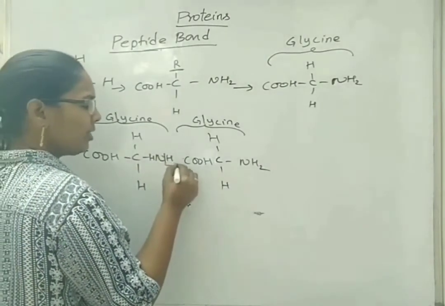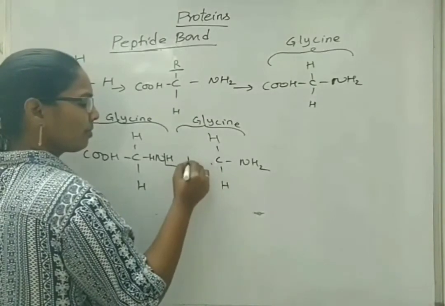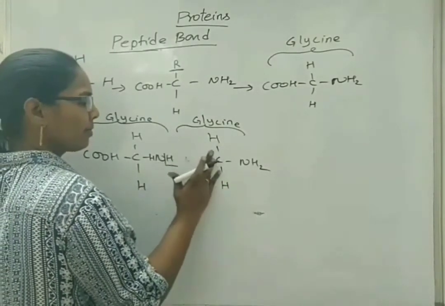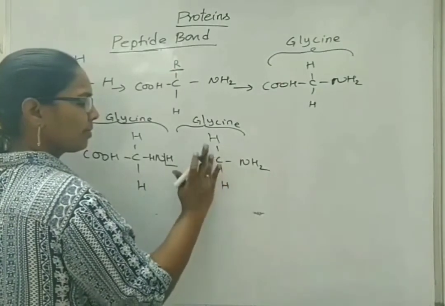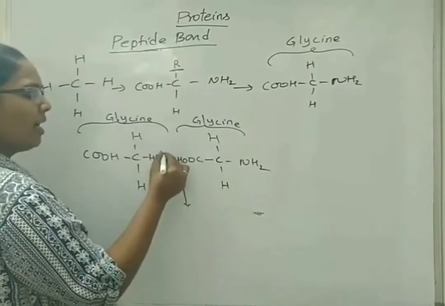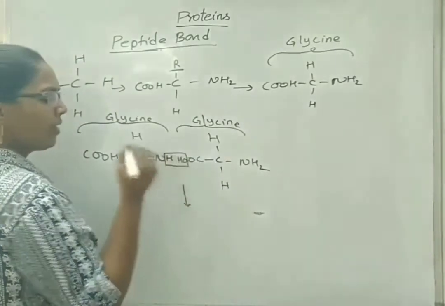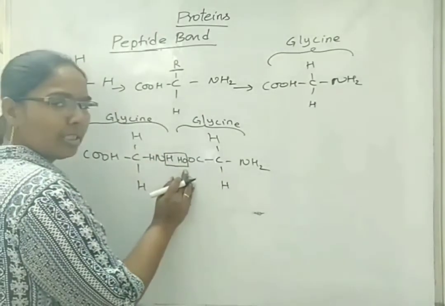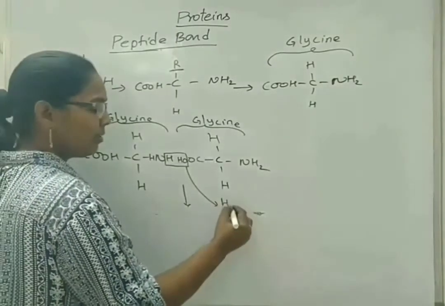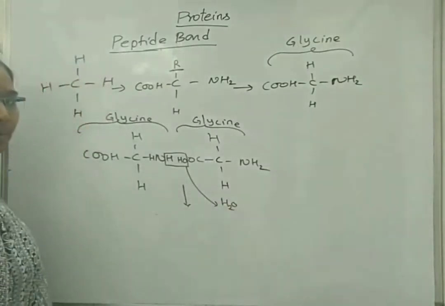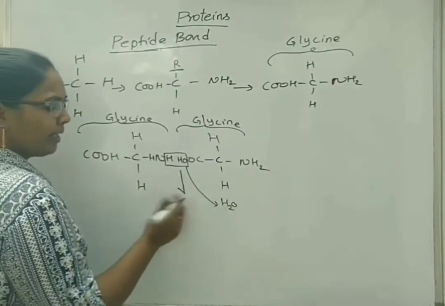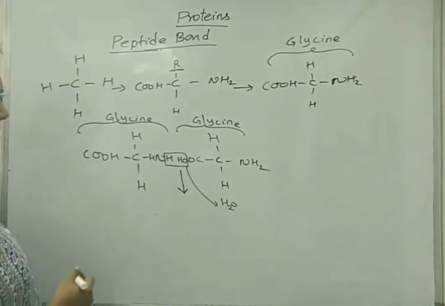One hydrogen of the amino group of one amino acid and the hydroxyl group of the other amino acid are both removed in the form of water before formation of the peptide bond, and here the peptide bond forms between the two amino acids.